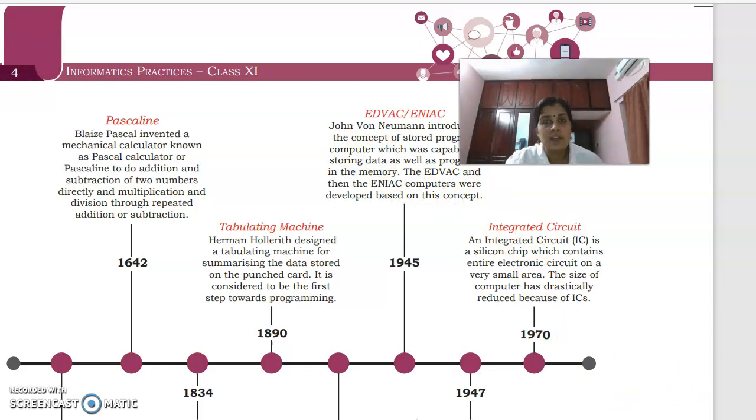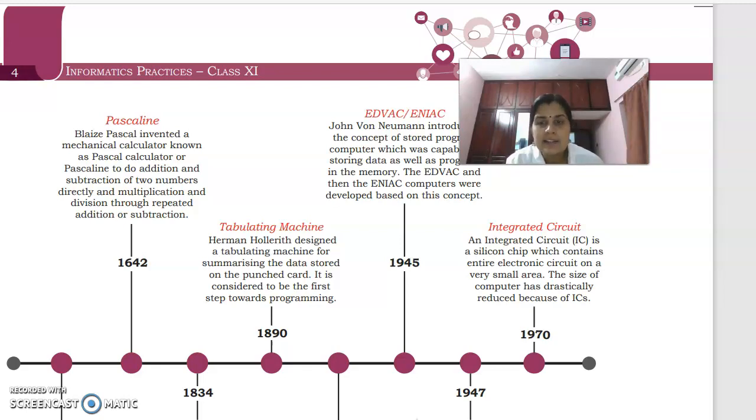These vacuum tubes were replaced by transistors in 1947. So what is a transistor? You all studied in physics that a transistor is a semiconductor device. By using semiconductor materials, transistors are created, and they were developed by Bell Laboratories.